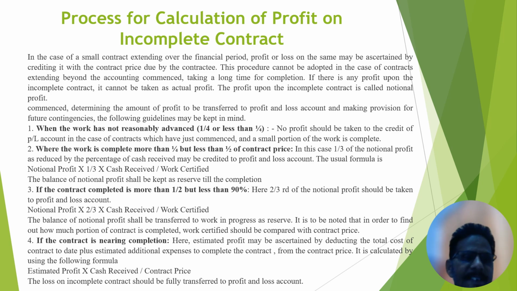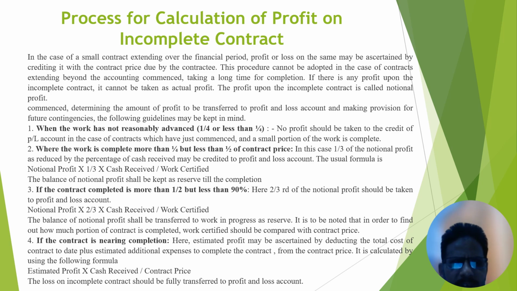Now under the second situation, if our work is completed more than 25% but less than 50%. In this situation, 1/3 of the notional profit, reduced by the percentage of cash received, may be credited to profit and loss account.